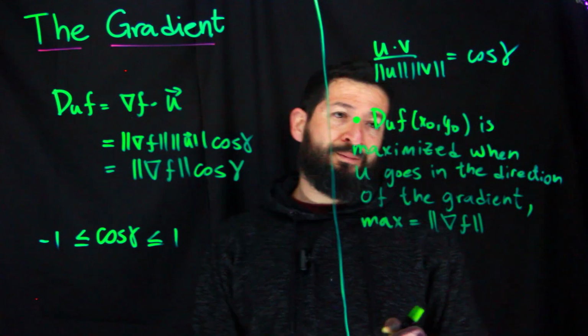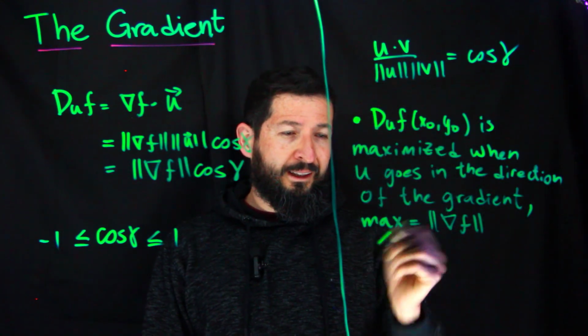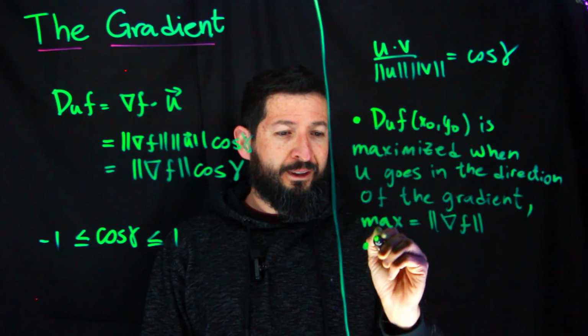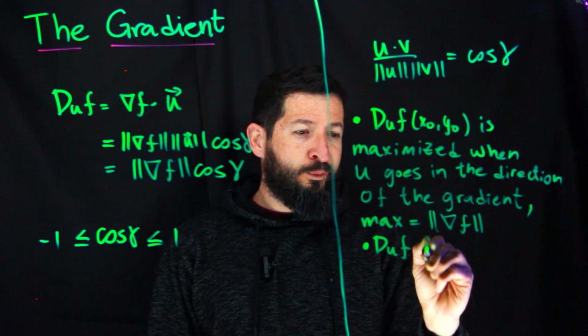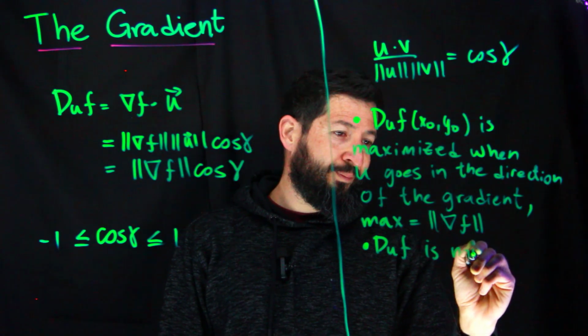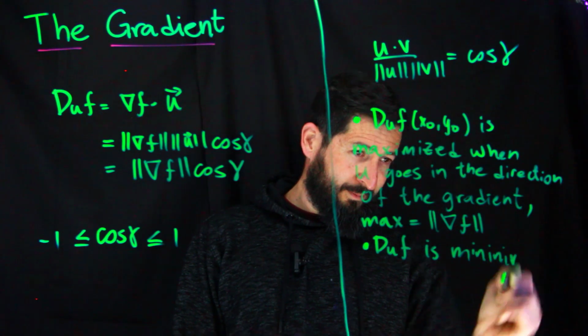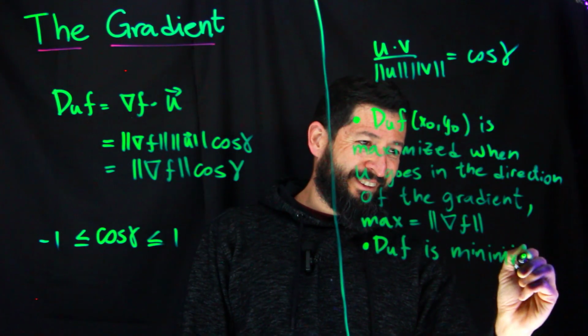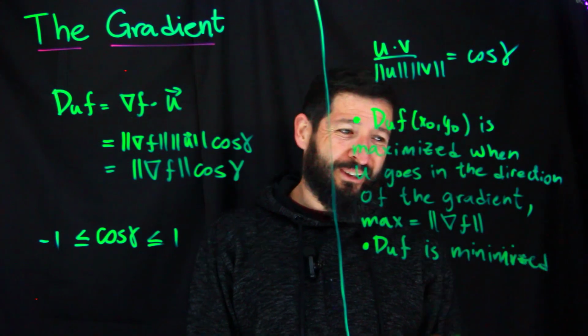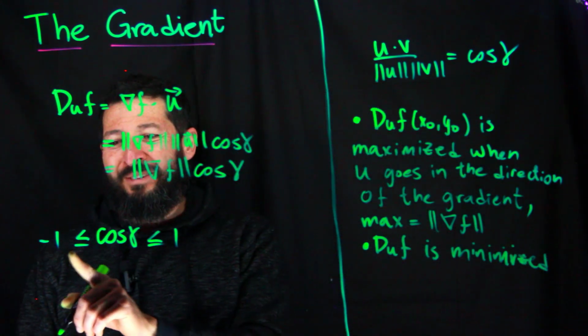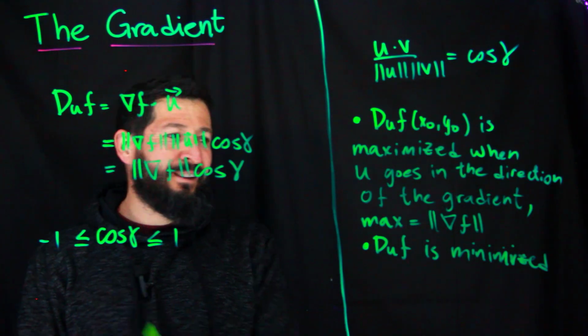Now the directional derivative is minimized whenever you have a -1 here.